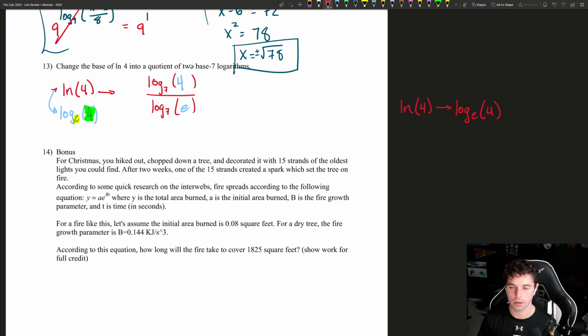Okay. And that's why, right? So if we want to change this log base e of 4 into log base 7, we have to take our 4 up top and then our e down bottom. All right, so there's no 2 involved. I hope that answers your question. I'm not entirely sure.